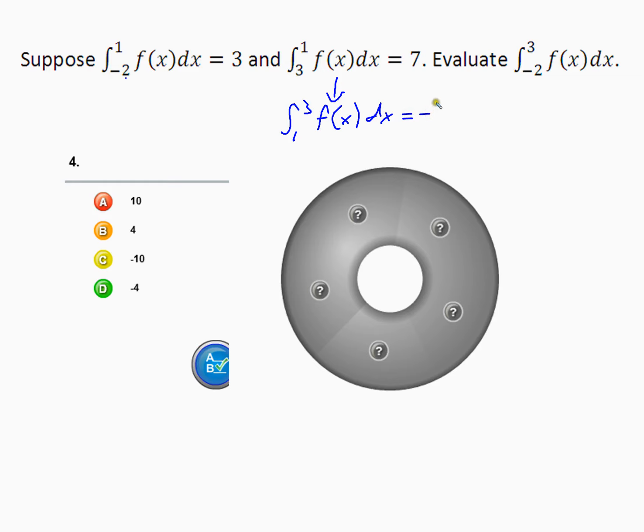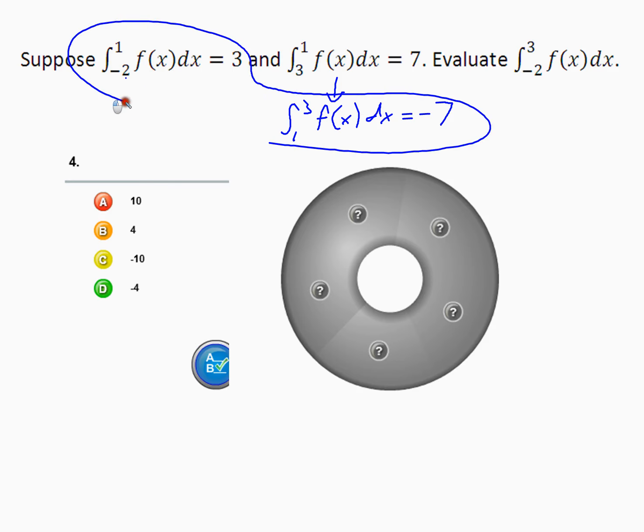So this is equal to negative 7. And so now thinking through this, we're going from negative 2 to 3. Well, that's going to be the same as these two combined. So negative 2 to 1 and 1 to 3. Well, adding those together, you get a 3, and a negative 7 is a negative 4. So our answer here would be D.